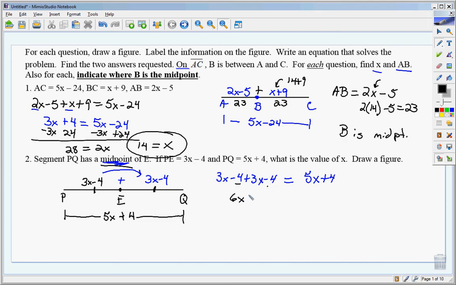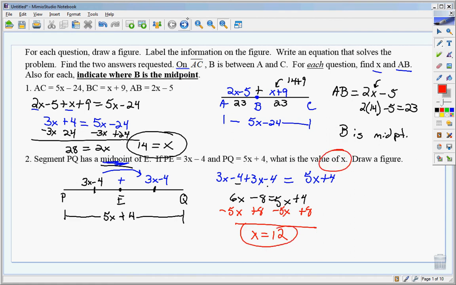Negative 4 and a negative 4 is a negative 8. Doing a couple steps at the same time, I'm going to subtract 5x, but I'm also going to add 8, and I can see that I ended up with x is equal to 12. And this is all they asked for here. What is the value of x?